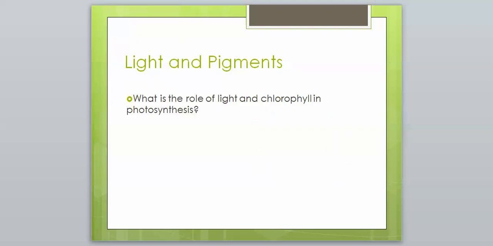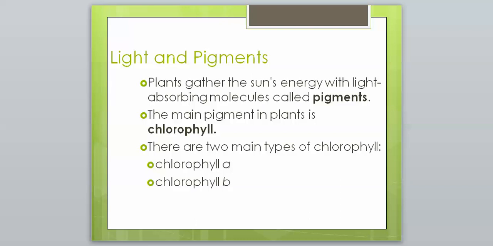And so now we're going to look at what role light and pigments play in photosynthesis. The pigment we're going to talk about is chlorophyll. Hopefully this isn't a new term; we've heard that before. So the first thing we're going to look at is pigments.